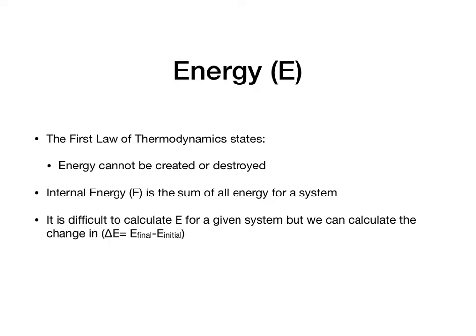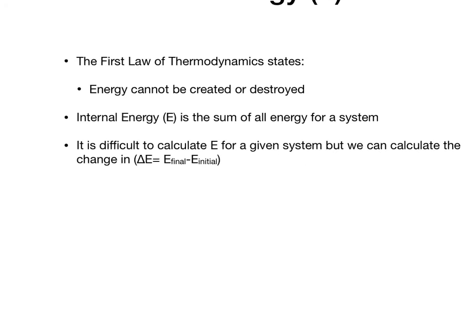Energy is considered a capital E. The first law of thermodynamics states energy cannot be created nor destroyed. There are several laws of thermodynamics, and we're only really going to talk about the first one in this chapter. Internal energy is the sum of all energy for a system.